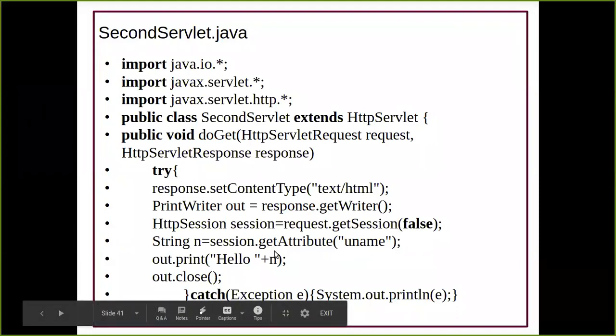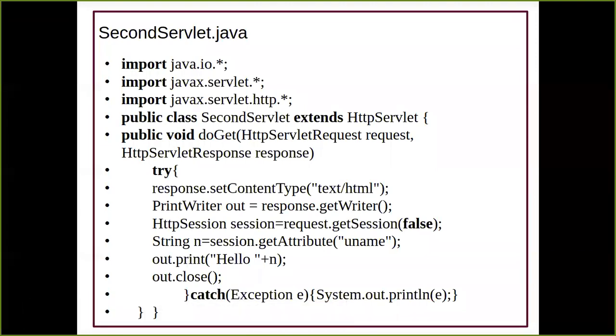So I just wanted to fetch that value, so I'm going to use the get attribute method, and that value held by this uname, abc, is now stored inside your variable and is going to give you the hello statement, a welcome message, or any message you can print over here. Okay, so I hope that you have understood this.